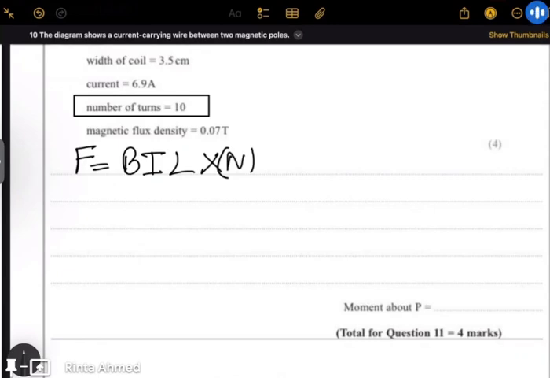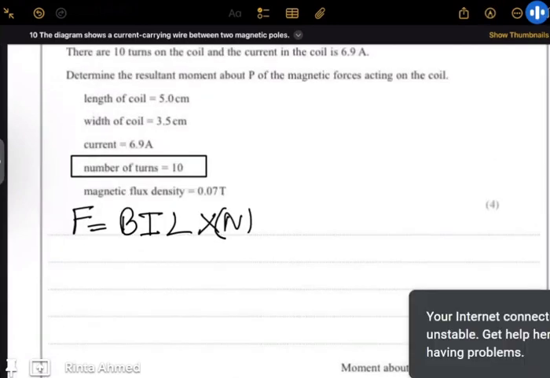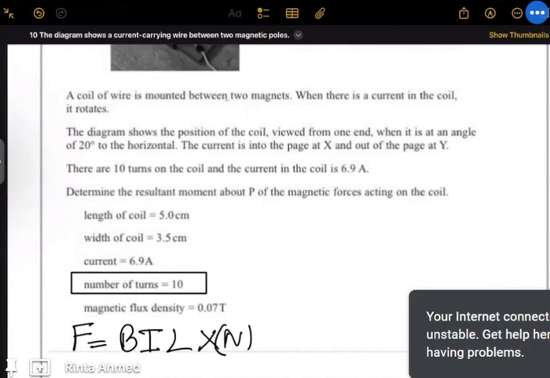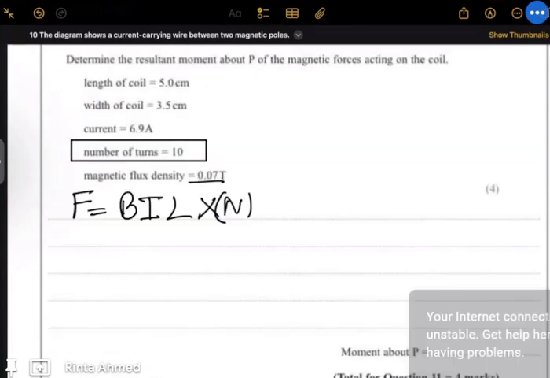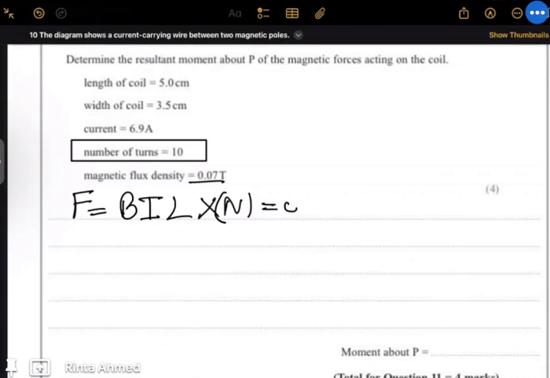So the magnetic flux density, which is 0.07, into the current 6.9, into the length, which is the length of the coil. Don't take the width of the coil. We have been asked to find the length of the coil. So it will be 0.05.